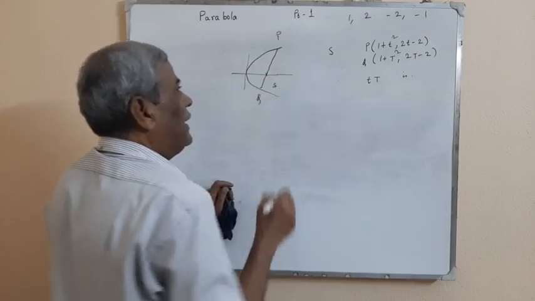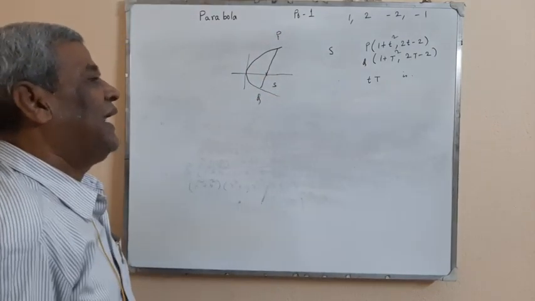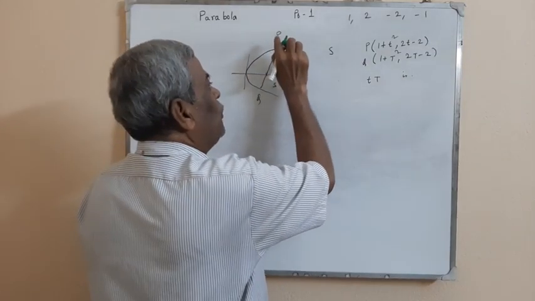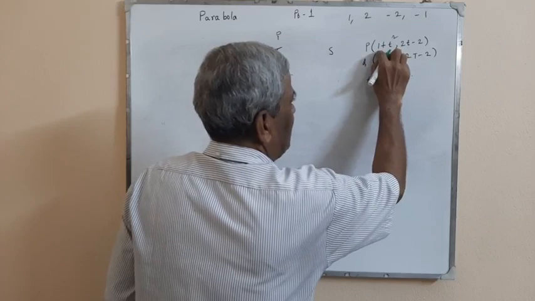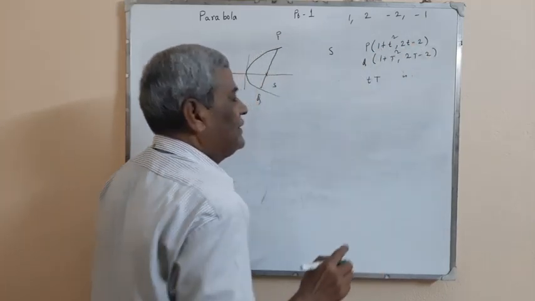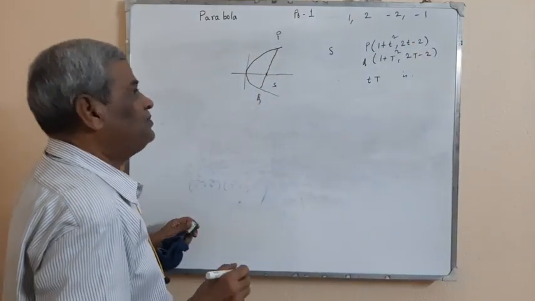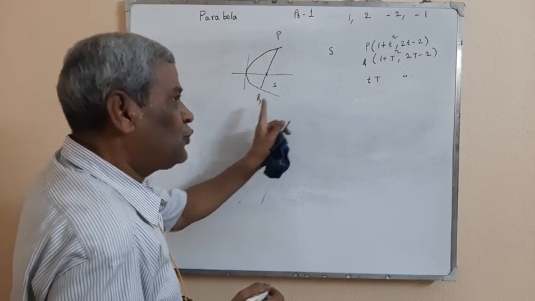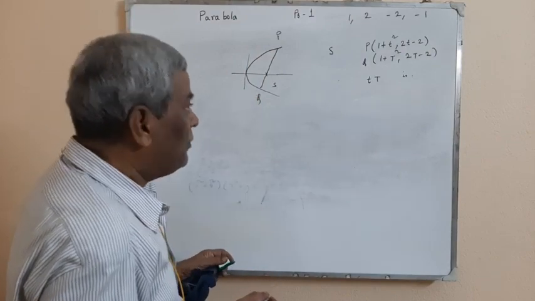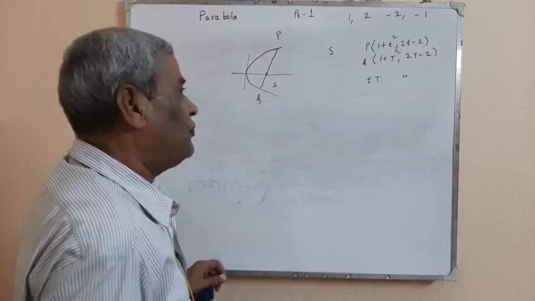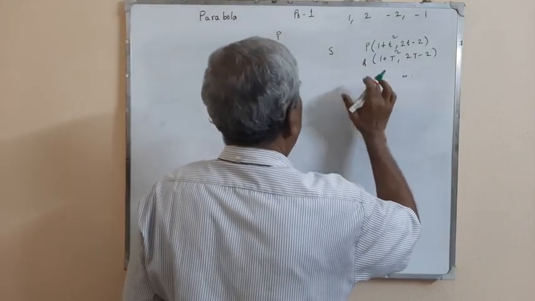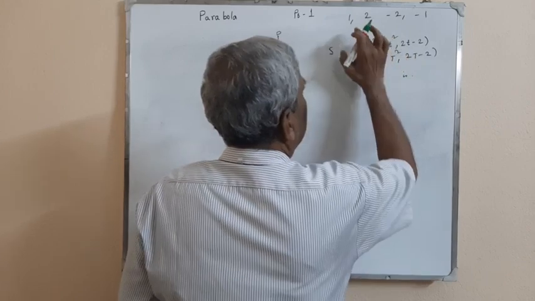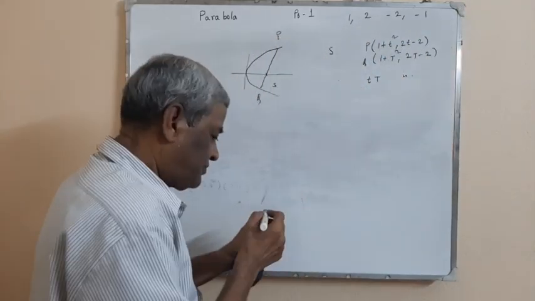The parametric coordinate of P is this, x coordinate and y coordinate. Now Q is also given. Then we have to find the value of small t into capital T. Options are this.